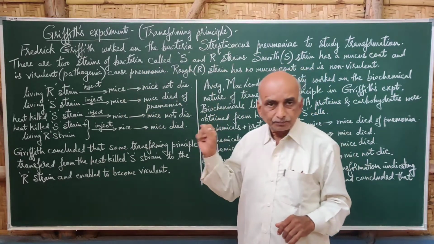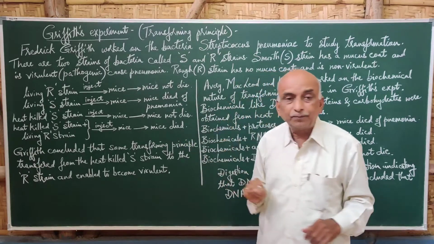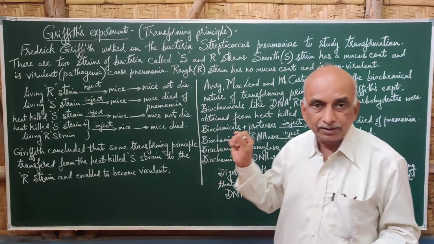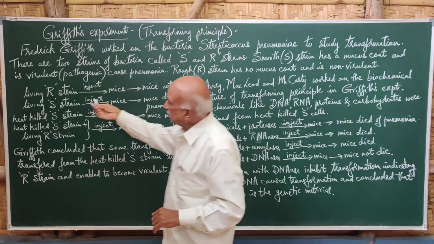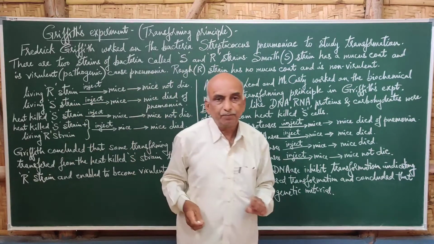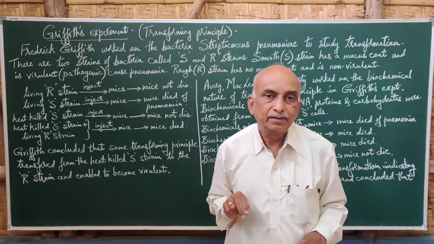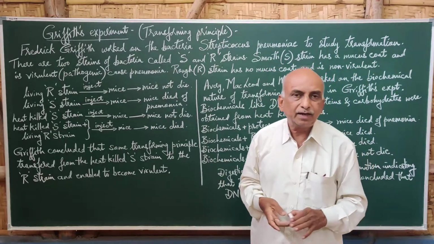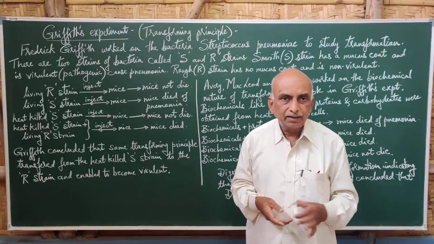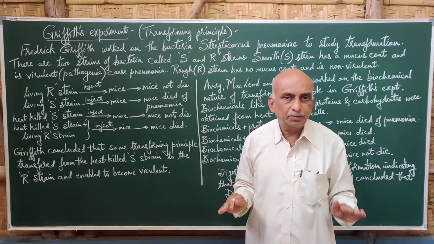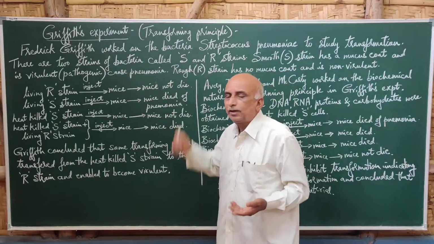So Griffith took living R cells, bacterial cells, and injected them into mice. As R cells are non-virulent and non-pathogenic, they do not cause pneumonia, so the mice did not die.